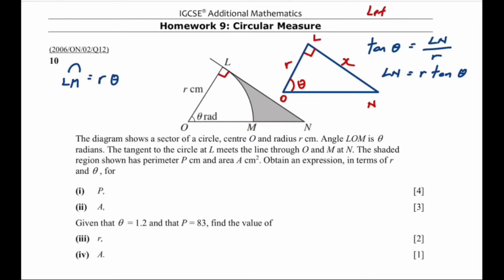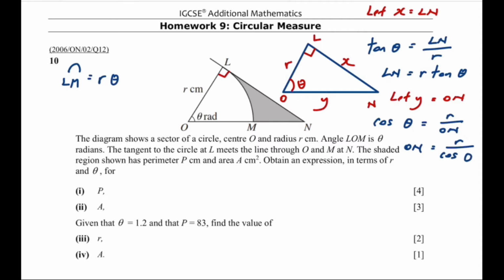So I let x be LN and I let y be ON. So if I want to find ON, I will have to use H. This is AH, so cos theta equals r over ON. ON equals r over cos theta.